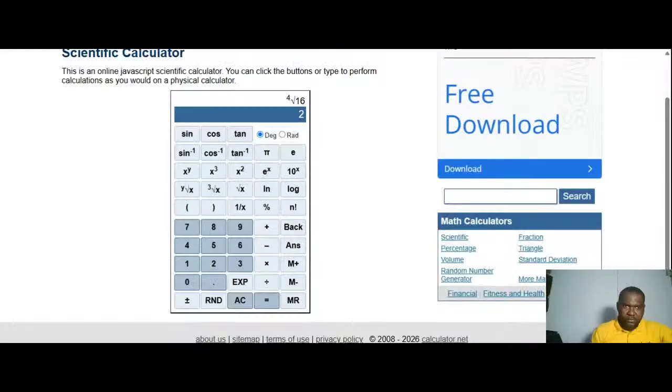Is it too blurry for everybody? I can see it very well here. Can you see the screen now? Good.